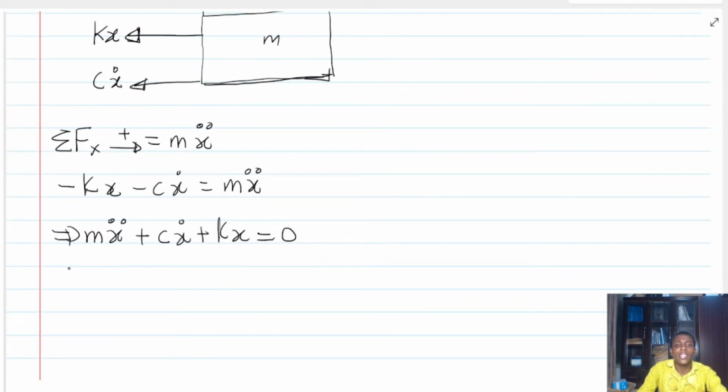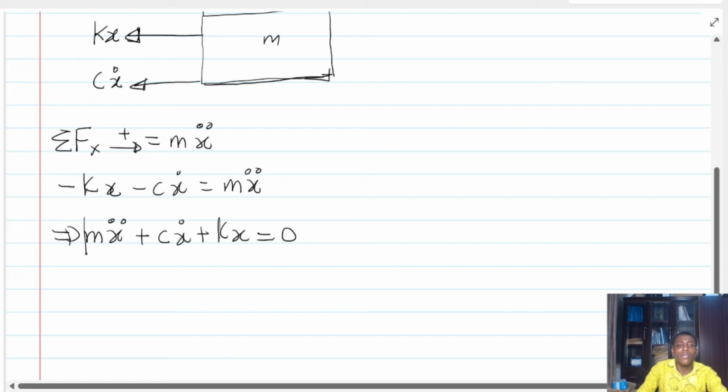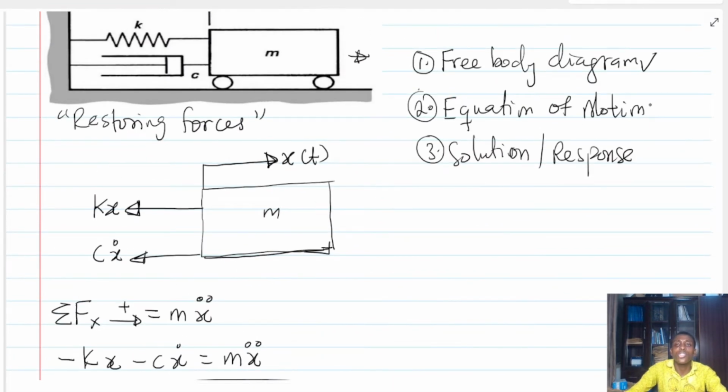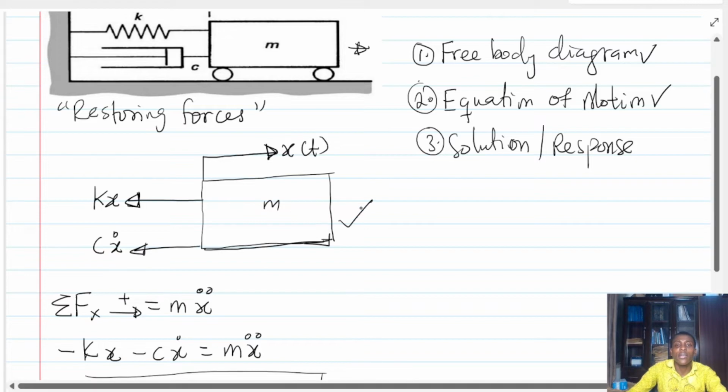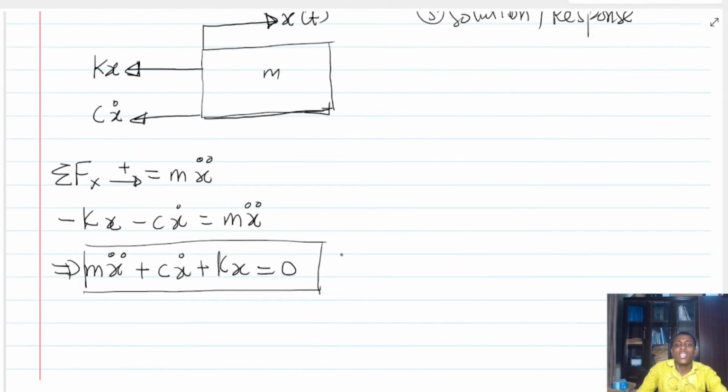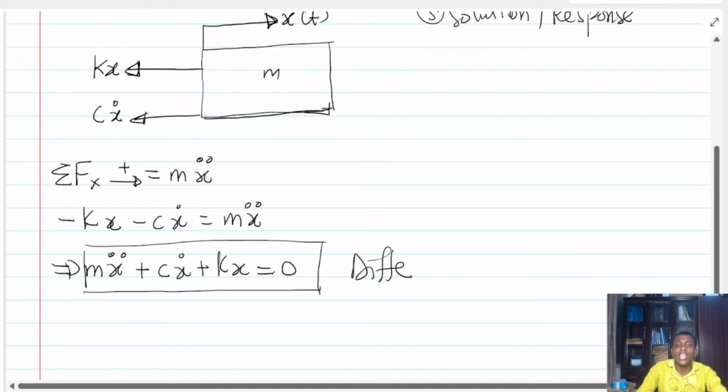And to be honest with you, this is the equation of motion. So this is the free body diagram, and that is the equation of motion.